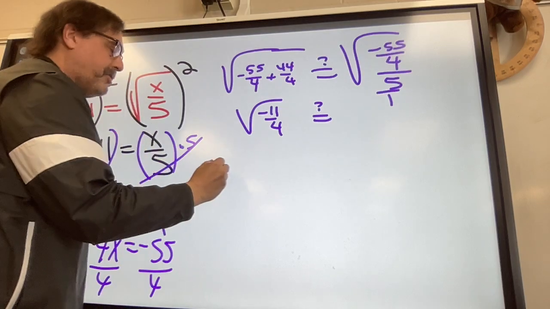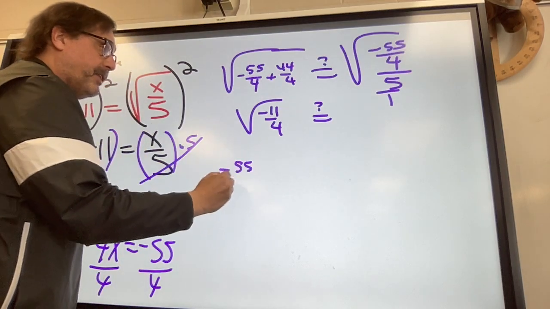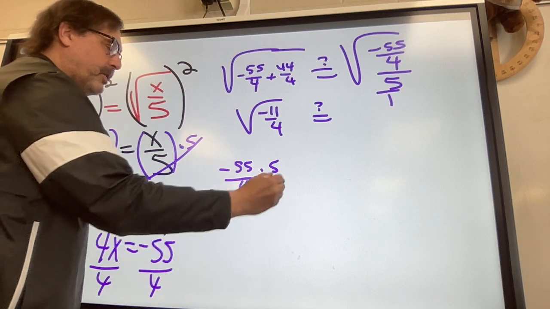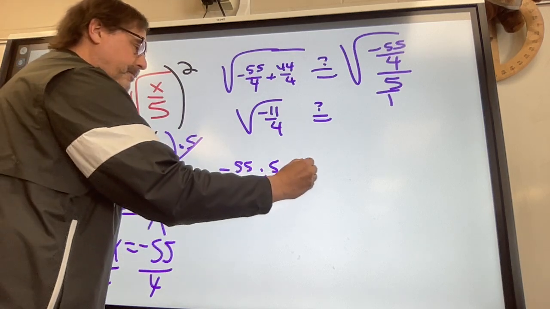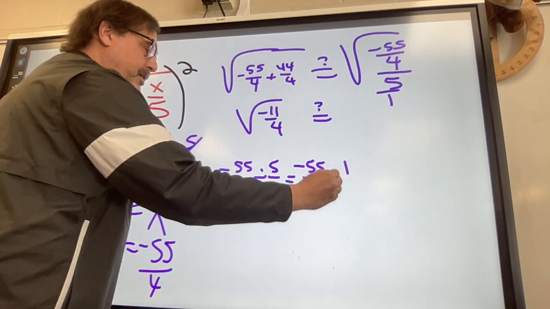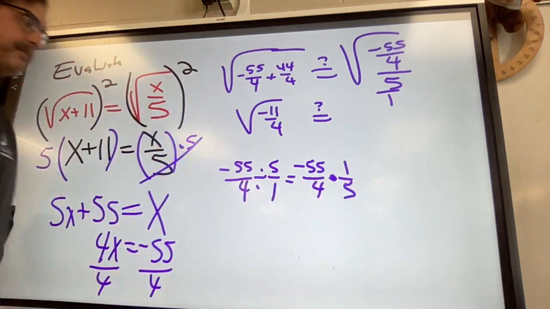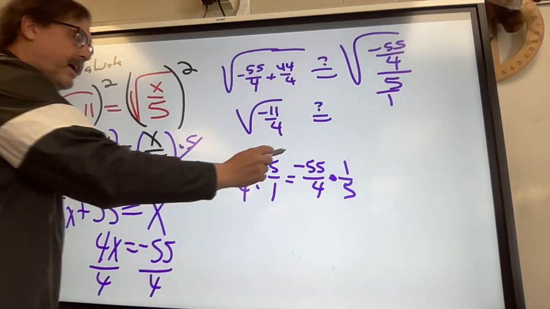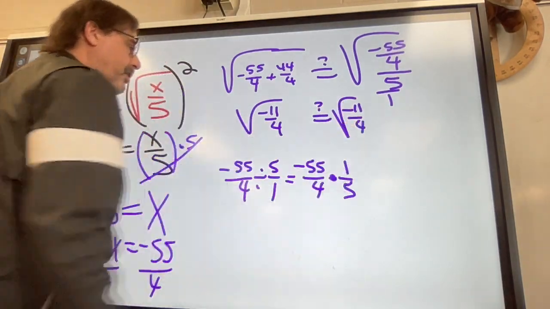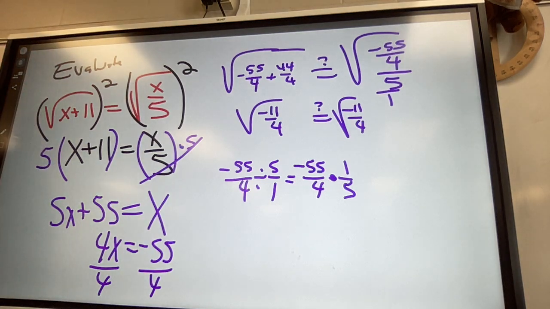However, if you do KFC, 55 over 4 divided by 5 over 1, this is pretty cool. Keep it, change it, flip it, and when you cancel the 55 into 11, oh my goodness, even though the answer is imaginary, they are equal and they work.